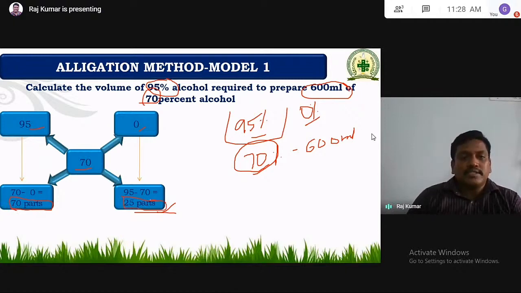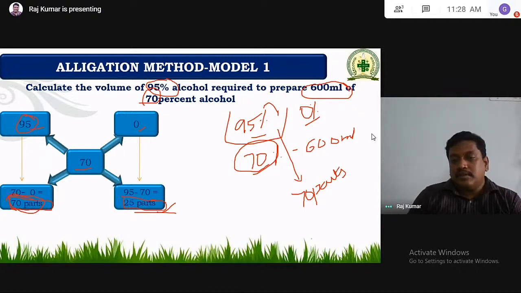What is the meaning behind these parts? You have to take 70 parts of 95% alcohol, and you have to take 25 parts from 0%.